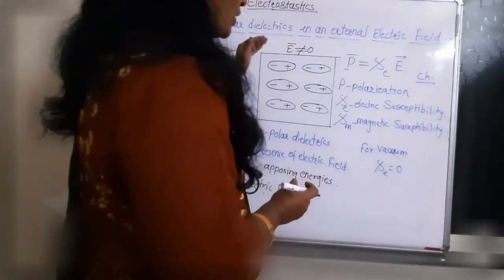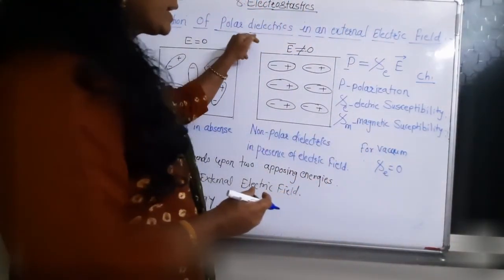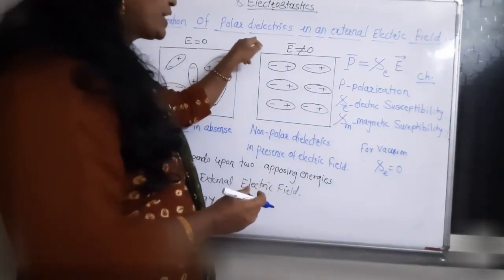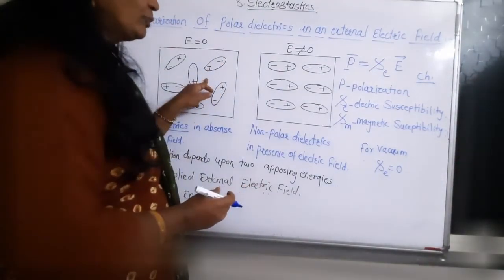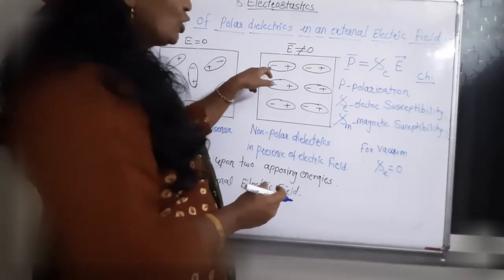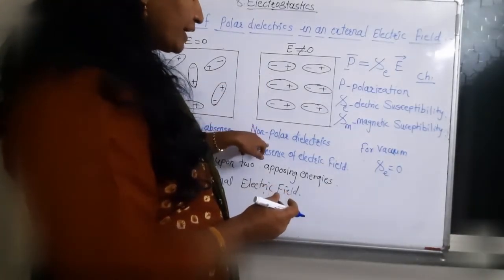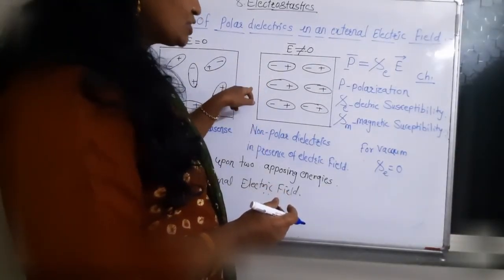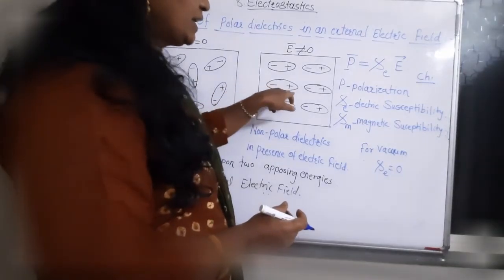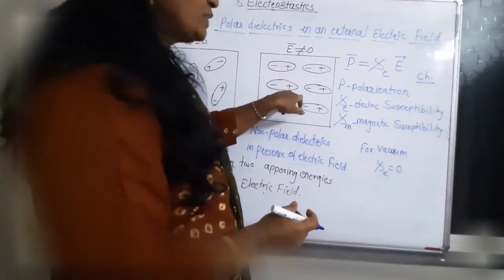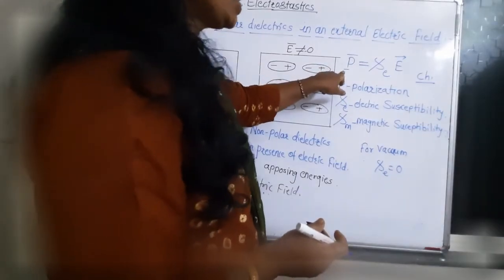So in this part we studied polar dielectrics. In polar dielectrics the total dipole moment is 0 without a field, and in the presence of an electric field there is a net dipole moment, and because of it polarization takes place.